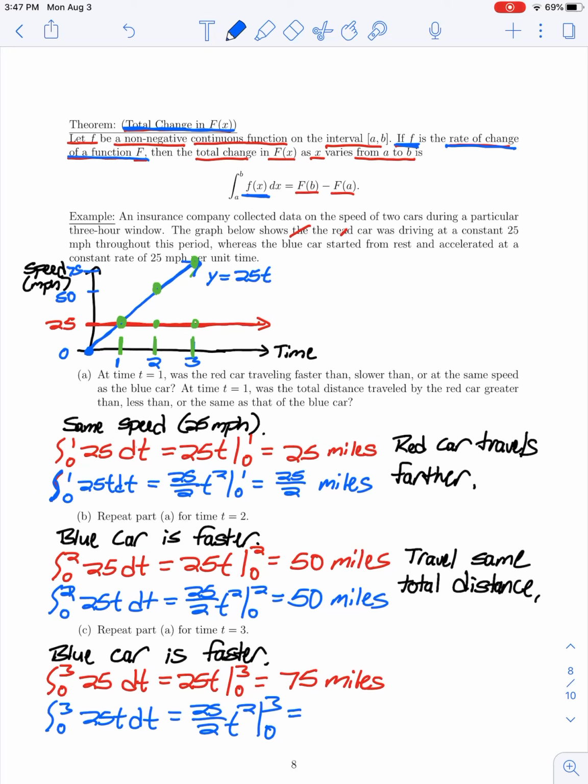When we evaluate at t equals 3, we have 9 times 25, which would be 225 over 2, minus, when we evaluate at t equals 0, we have 0, and 225 over 2 is, well, greater than 100, so certainly greater than 75, but to be a little more precise, we have 112.5 miles. So the blue car is traveling farther.